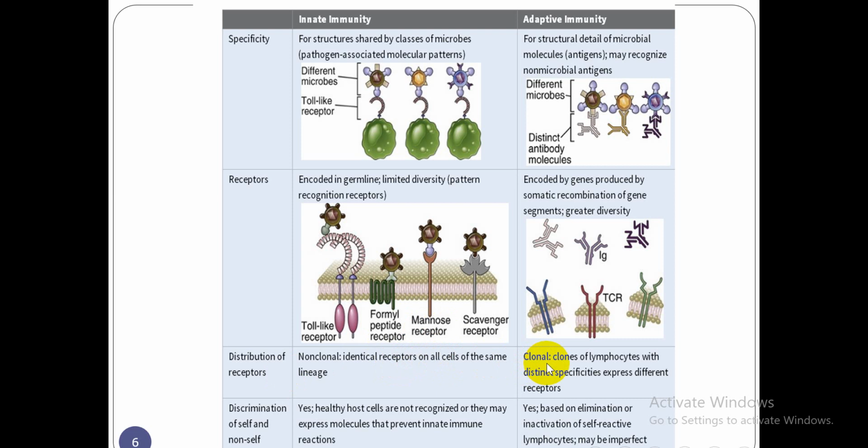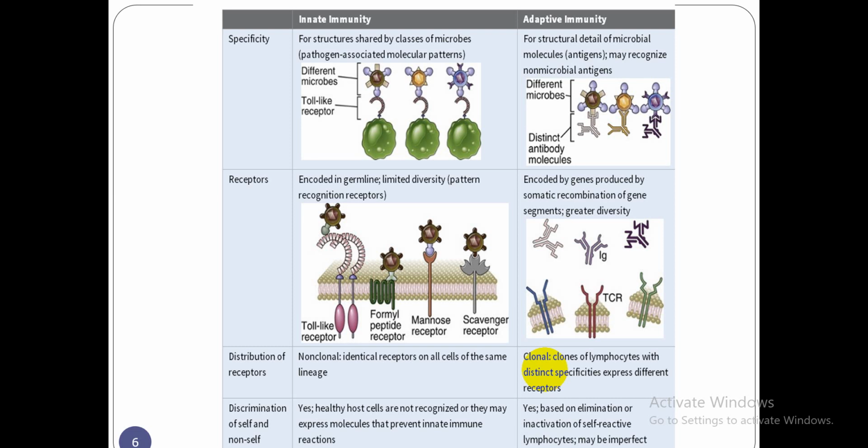But the receptors on the B cells, which are B cell receptors, and the receptors of T cells, which are called TCRs or T cell receptors, have a clonal distribution, and we have different clones of lymphocytes with distinct specificities, and these different clones of lymphocytes could express different receptors.